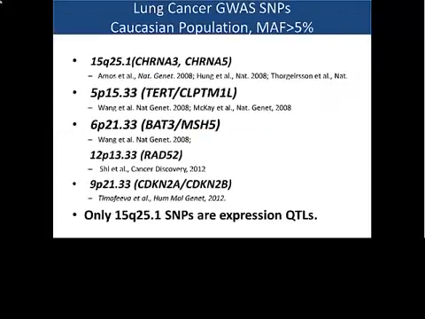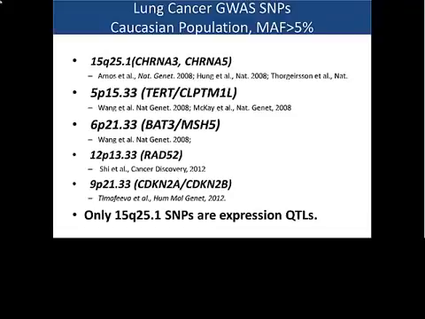Now we're going to investigate whether the methylation QTL data are useful for GWAS of lung cancer or other lung-related diseases. As we know, up to date, GWAS and GWAS meta-analyses have already identified 5 loci associated with lung cancer risk in Caucasian populations with minor allele frequency larger than 5%.